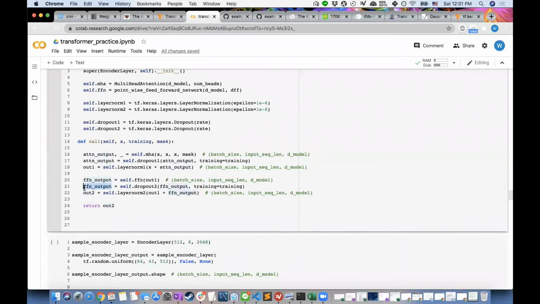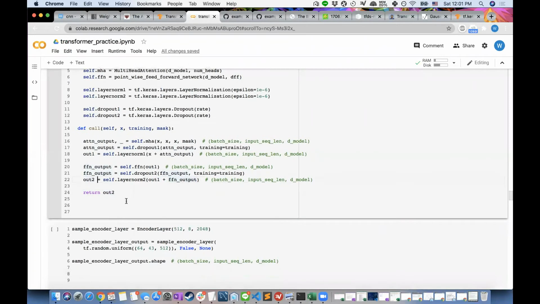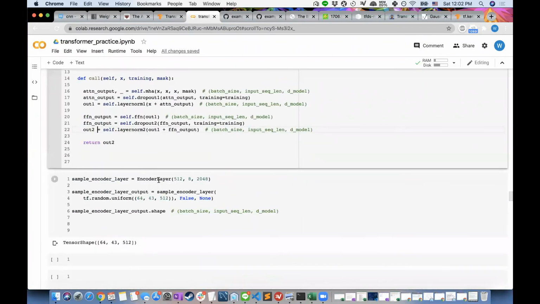You pass this FFN output into this, and then you have your output 1 here. Then you apply self.layer_norm_2 to that, and you get your output 2. Then you eventually return your output 2. That's your encoder layer.